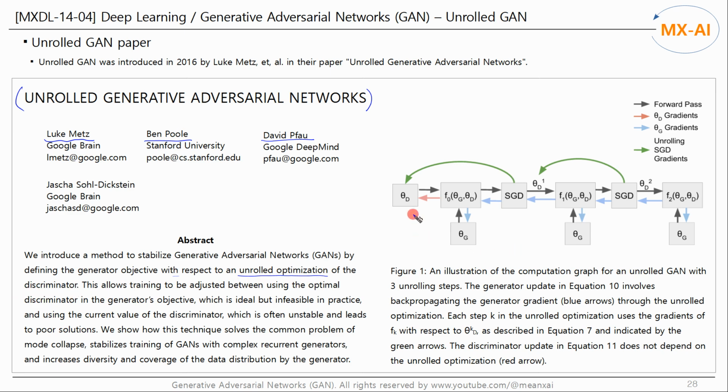This illustration shows a computational graph for an unrolled GAN with 3 unrolling steps. The generator is updated by backpropagating the generator gradients through the unrolled optimization, indicated by the blue arrows. We will look at this in more detail later.